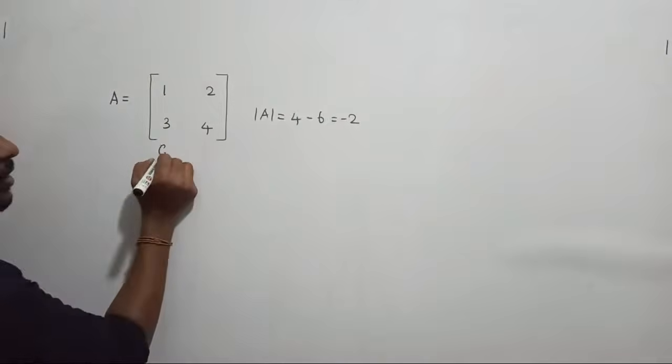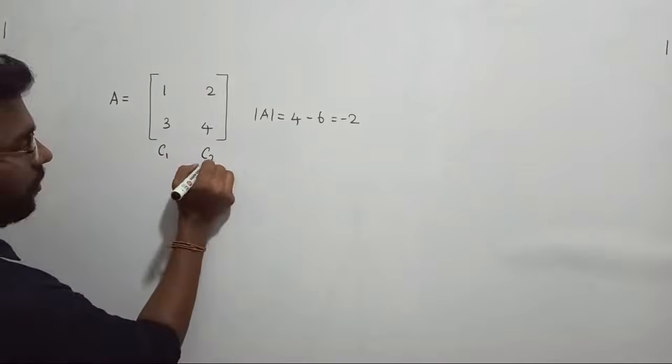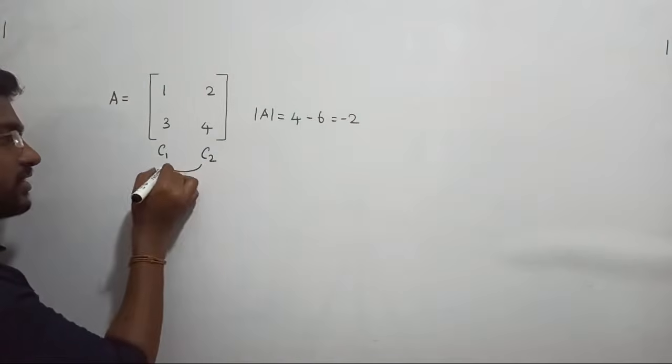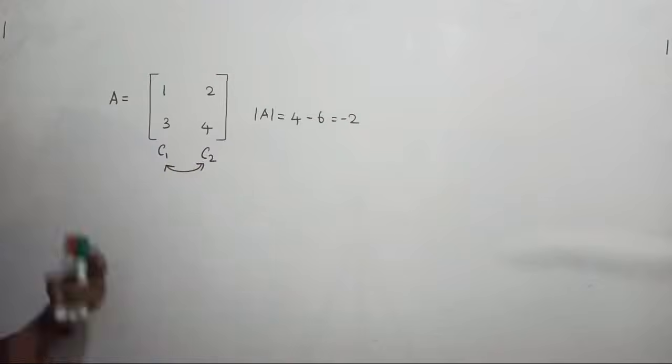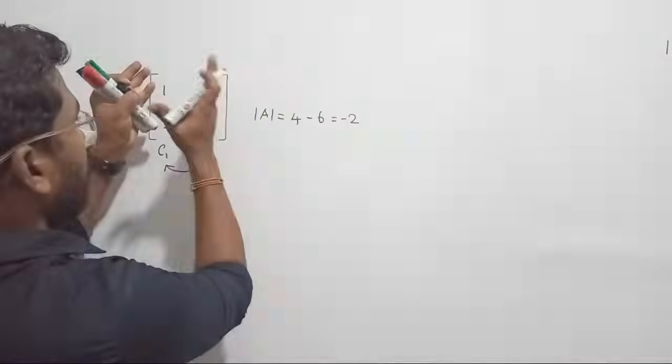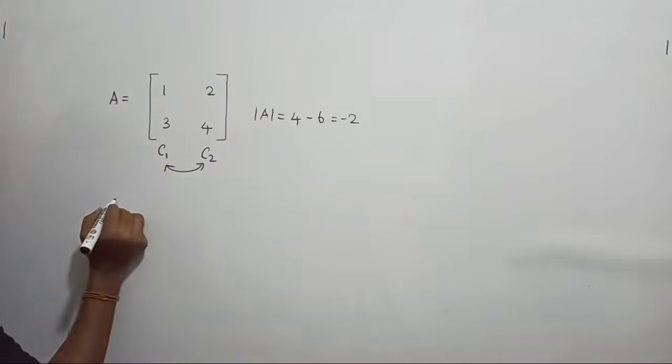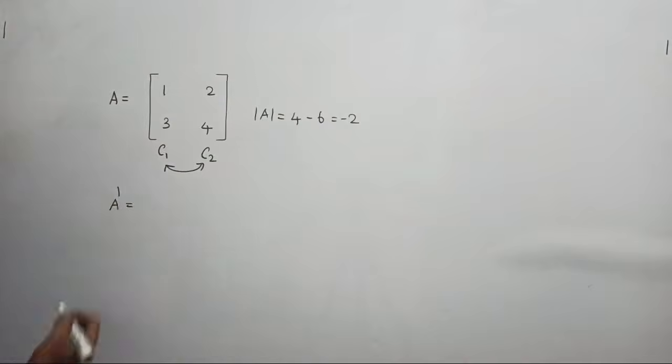Exactly, that is correct. Now, we all know this is column number 1 and this is column number 2. Now, I said just interchange column number 1 and column number 2 and then find out the determinant.